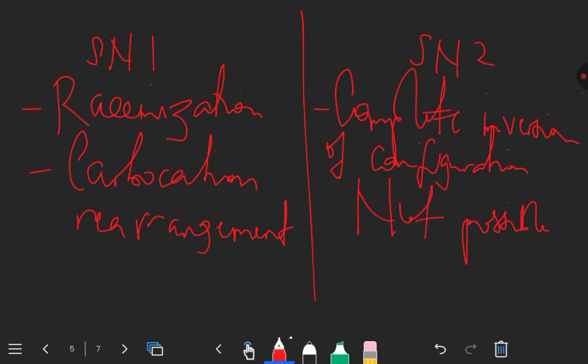Then when you're talking about the energy profile of SN1 and SN2 reaction, for SN1 reaction, there are two energy maxima transition states. Okay, there's a two energy maxima transition state.